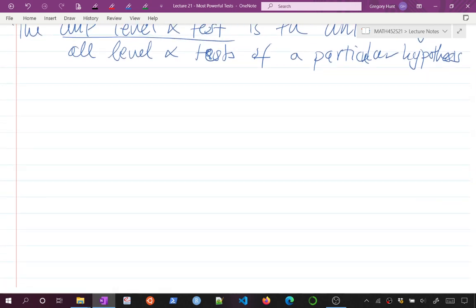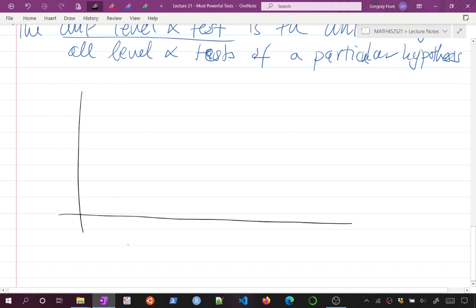So pictorially, if we go back to our little picture here, here is the null, here is the alternative, something like that. And we look at our power function over theta.